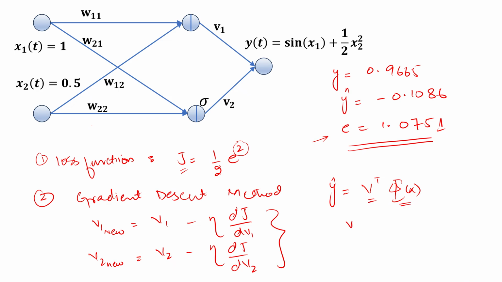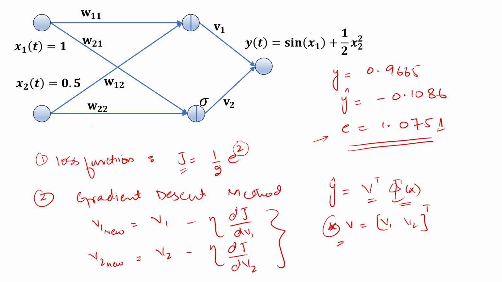If you recall, this v was a vector of v1 and v2. I just want you to recall this because I will be taking the derivative of J with respect to v to make things simple. If I take the derivative with respect to v1, v2, that will also be simple.